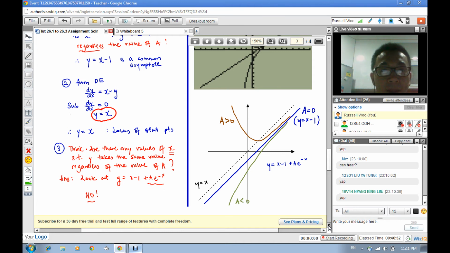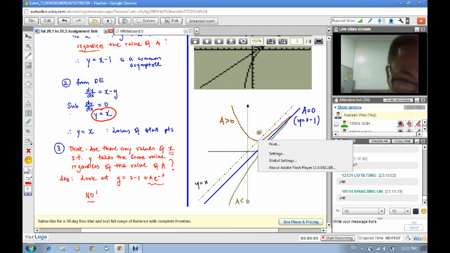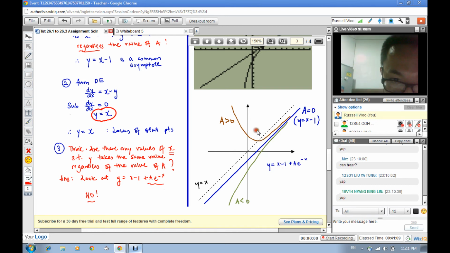Then the y equals x, the dotted black line, is where the stationary points must pass through. So you must make it obvious that this minimum point must pass through the line y equals x.